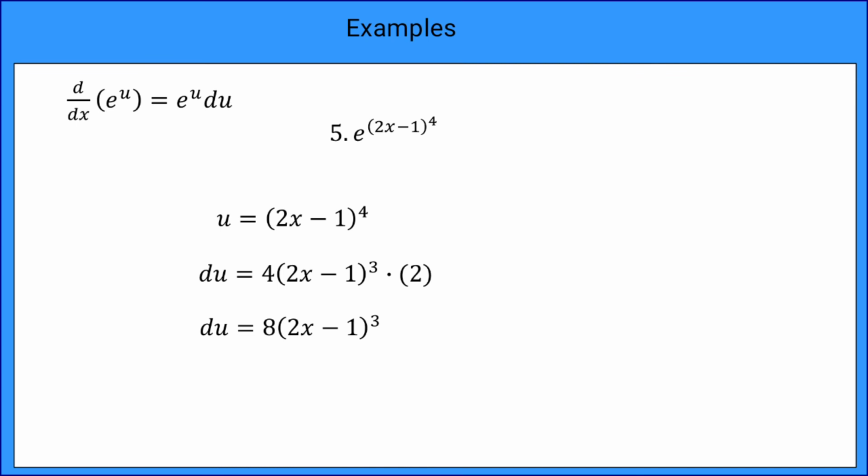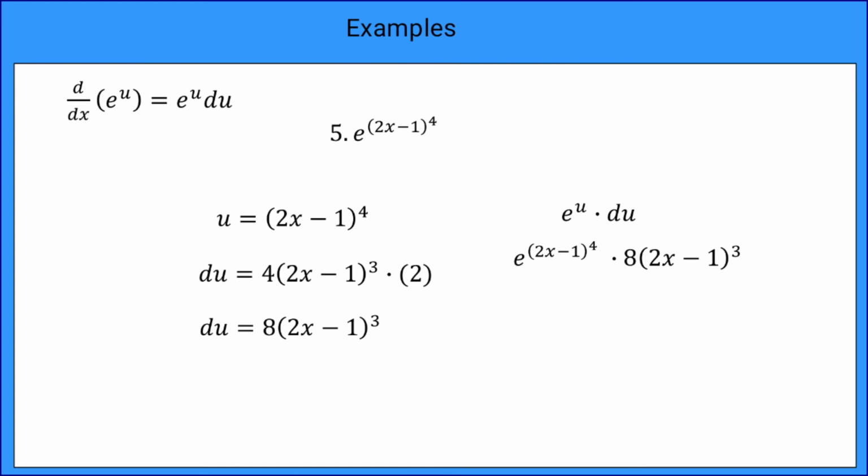And just use this value for du, substitute it to our rule for finding the derivative of an exponential function, e raised to u times du. So we have e raised to the quantity 2x minus 1 raised to the 4th power times our du, which is 8 times quantity 2x minus 1 cubed.